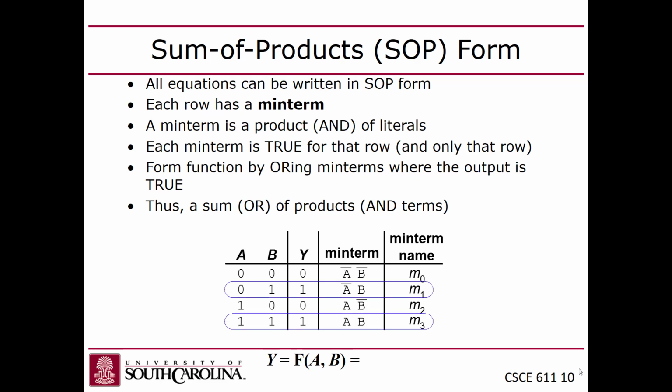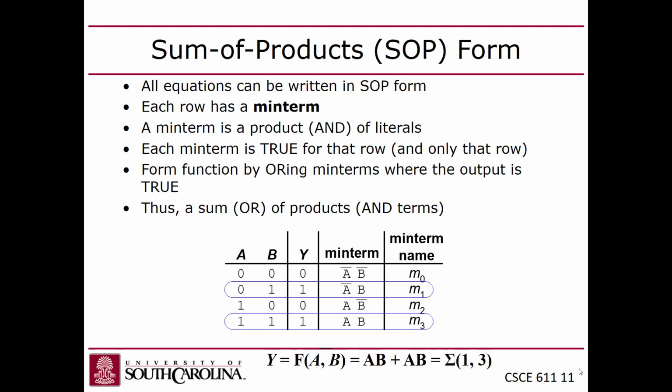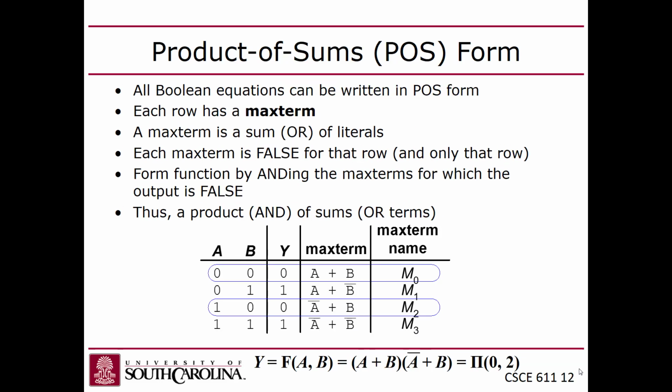So that was sum of products, right? Product of sums is when you look for the zeros instead of the ones in the output, and then for each one of the zeros, you construct a max term, which is the sum of the input literals, but you have to negate them. So A is 0 and B is 0 here for this first row that has an output of 0.